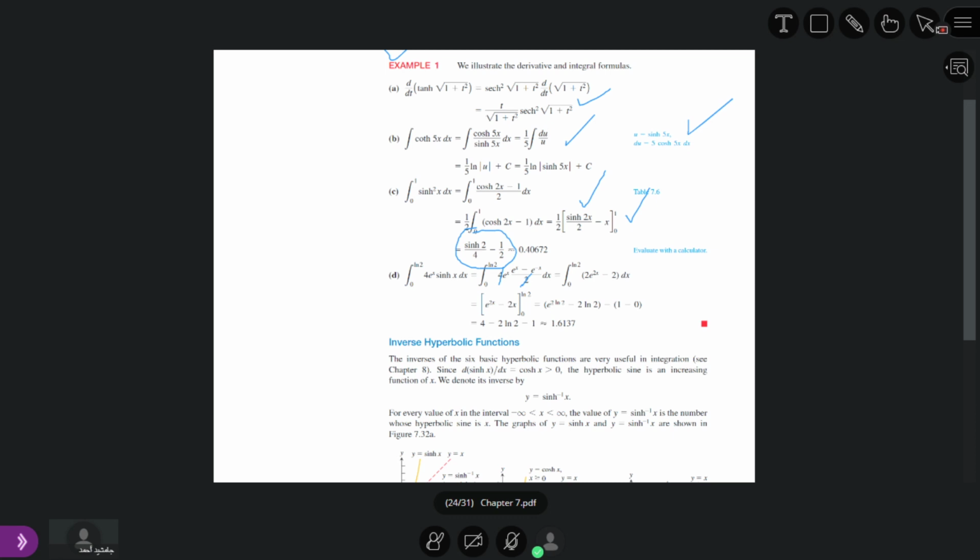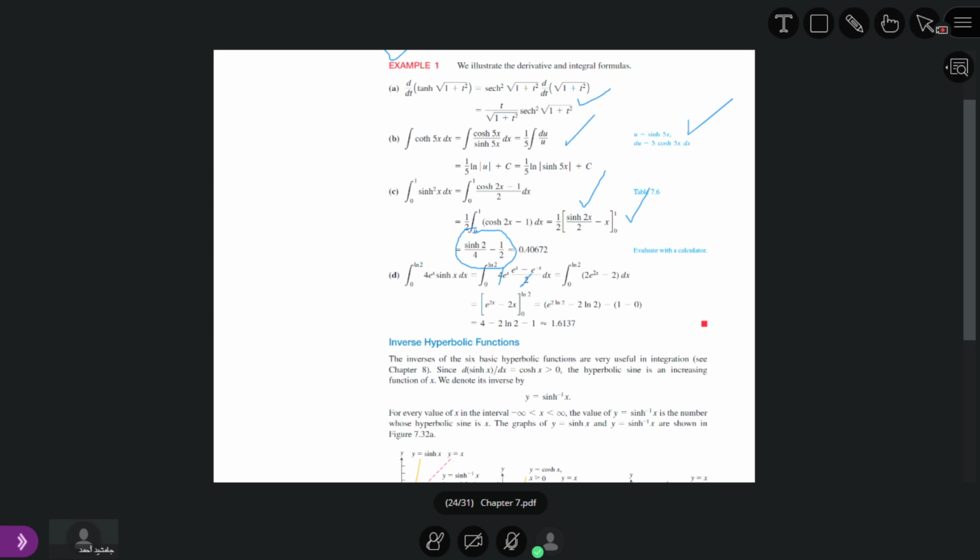Then the lower limit. So whenever we put ln 2, the natural log and exponential function are inverse of each other. So e^(2 ln 2). Now we use the property of the natural log. What is the property? ln a^r is equal to r ln a.